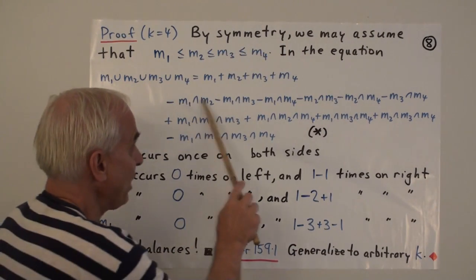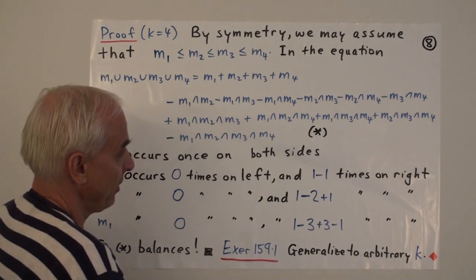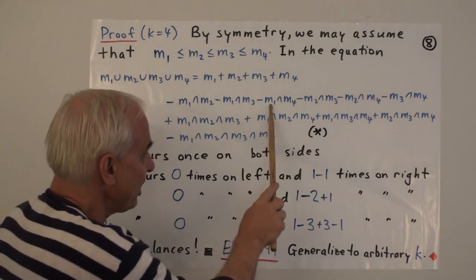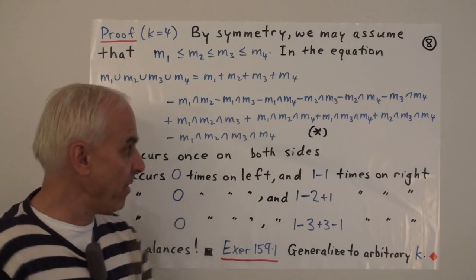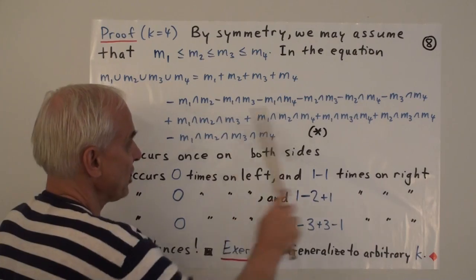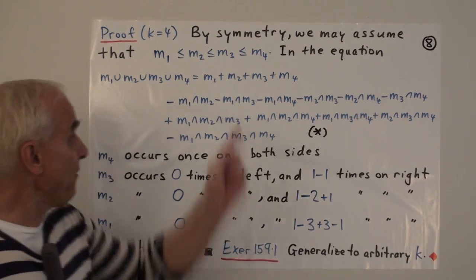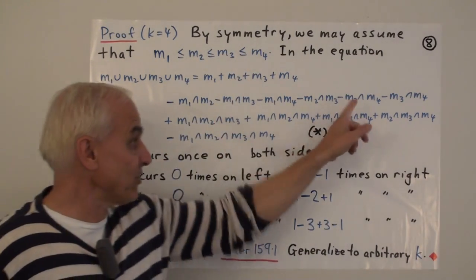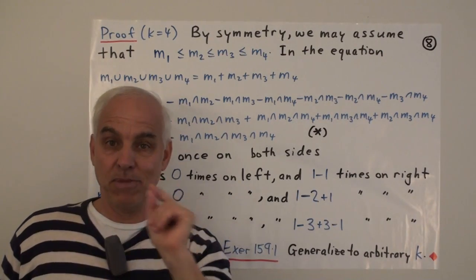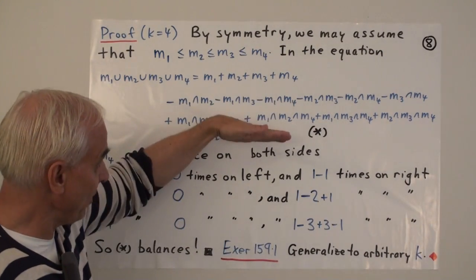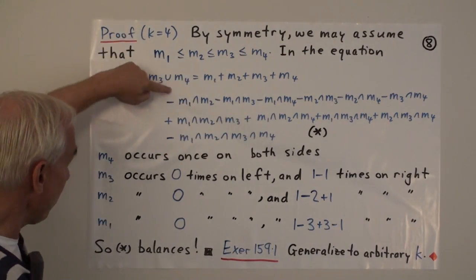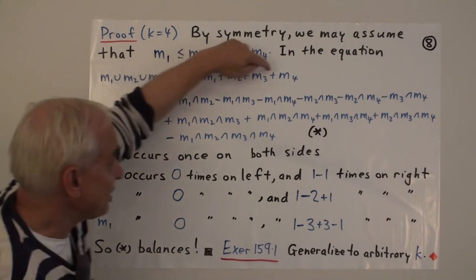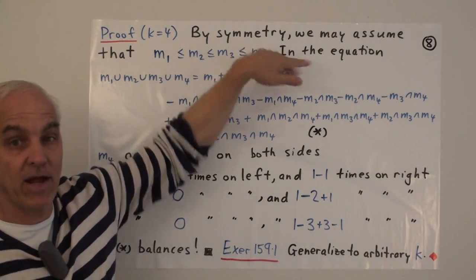Does it appear in any of these other terms? No, it doesn't, because each one of these is an intersection, meaning a minimum. Intersection of 2, intersection of 3, intersection of 4, and m4 is the biggest one, so the minimum is never going to be m4 for all of these terms. So there's one m4 that occurs on the left-hand side, and there's exactly one m4 that occurs on the right-hand side, and that's all.